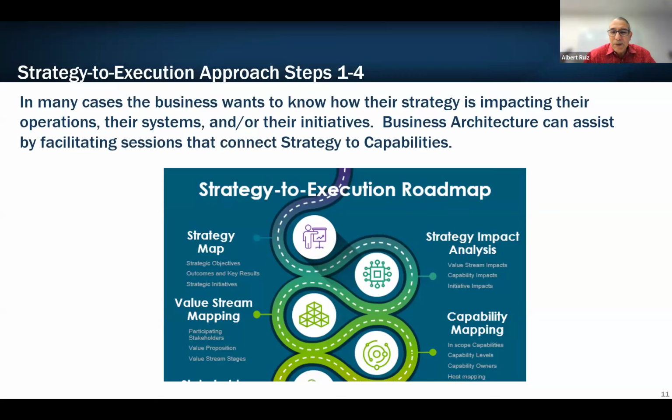But many times the customer prefers to look at things like processes and applications, because that's mostly what they relate to. Although we are working with the business to ensure we have a common language, if you will, of value streams and capabilities. If you could go to the next slide, please.